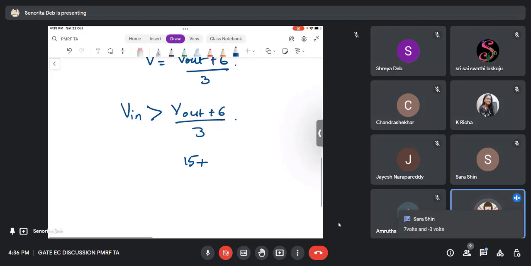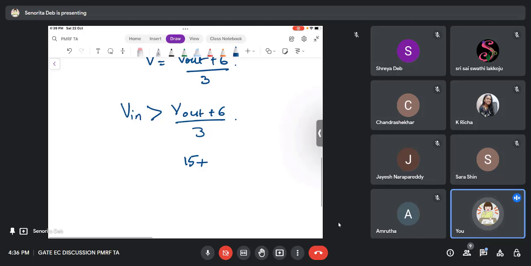Vin greater than this value, which is nothing but 21 by 3, 7 volts. So Vin is greater than 7 volts means Vout is plus 15, which I have written.